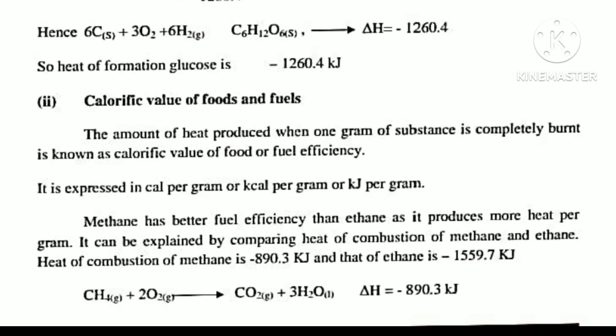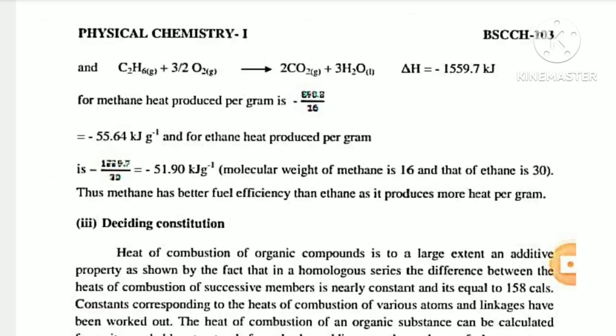In this, delta H is equal to minus 890.3 kilojoule. And C2H6 plus 3/2 O2 is equal to 2CO2 plus 3H2O. In this, delta H is equal to minus 1559.7 kilojoule. Molecular weight of methane is 16 and that of ethane is 30. Thus, methane has better fuel efficiency than ethane as it produces more heat per gram.